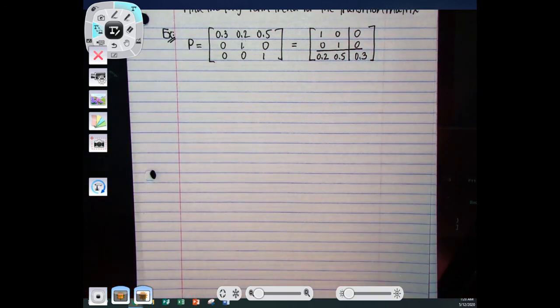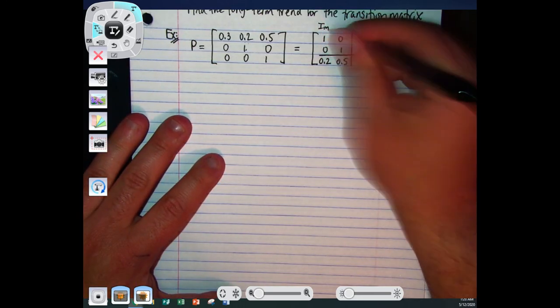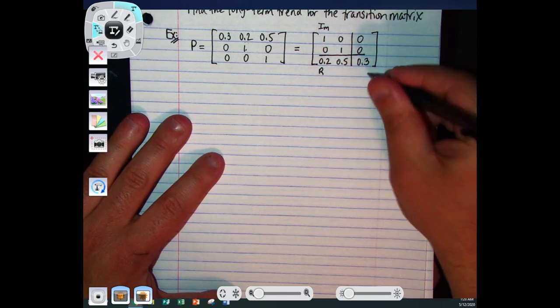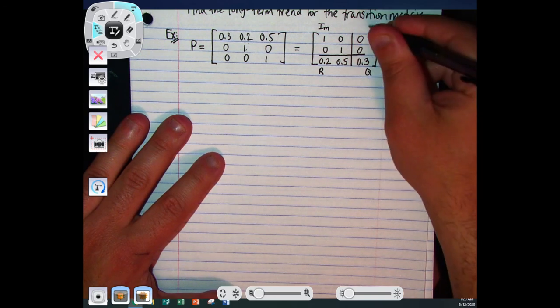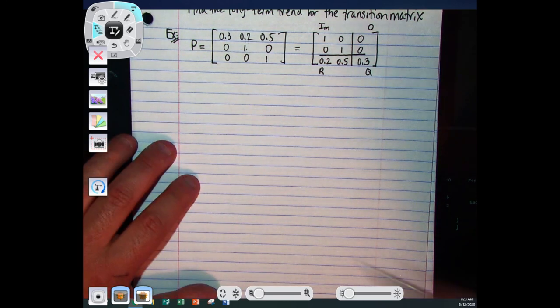So this is our new matrix. The upper left represents our I of M. The lower left represents our R. The lower right represents our Q. And the upper right represents our 0. Okay? So now, once we've done that, we can identify R and Q.